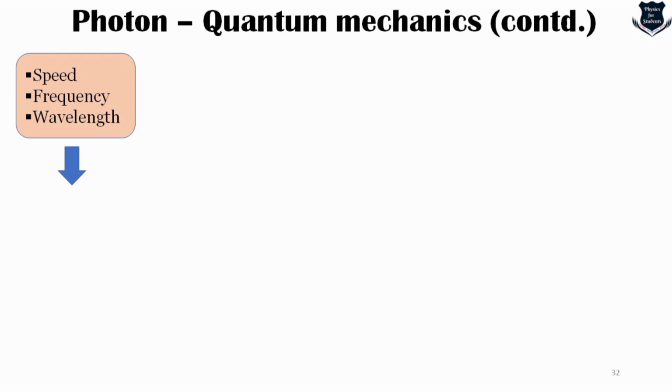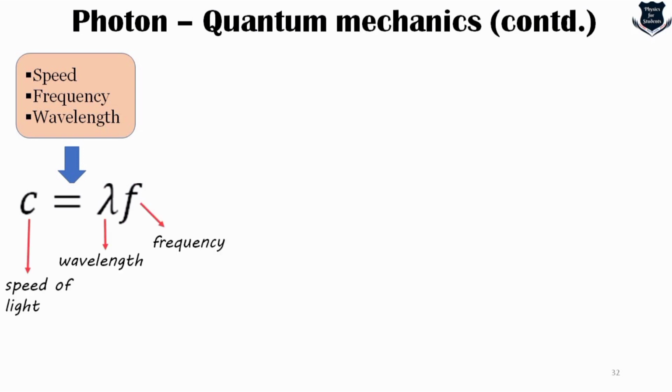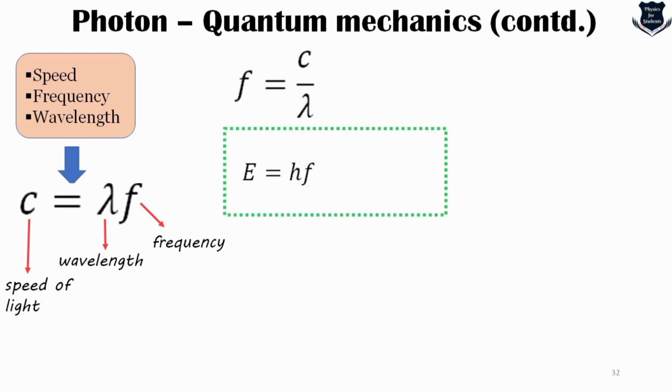Why is it important? Because since light is an electromagnetic wave, it obeys the basic wave mechanics. So it has a speed c, frequency f, and wavelength lambda, which can be connected into this equation, c equals lambda f. We can also note that the speed of light is c, lambda is the wavelength, f is the frequency, and solving for f we get this.